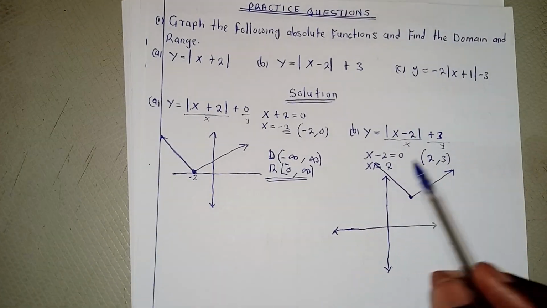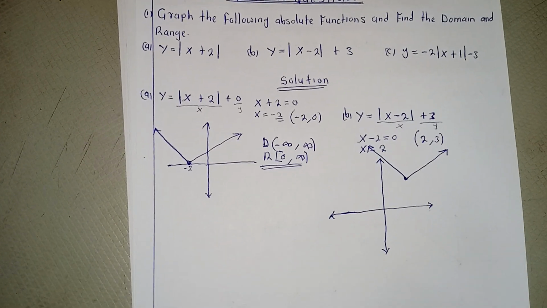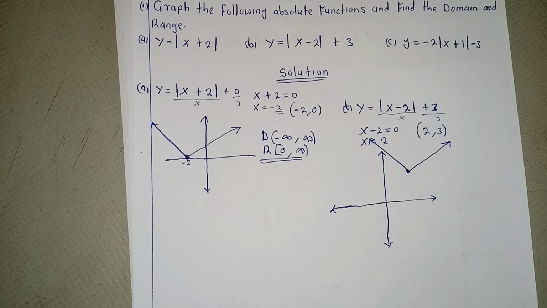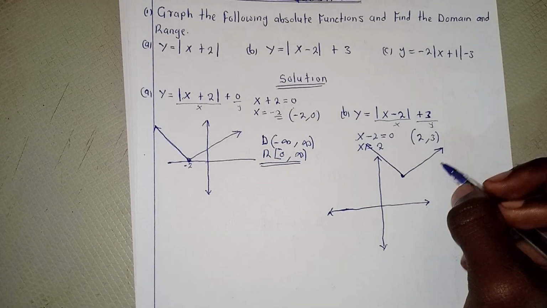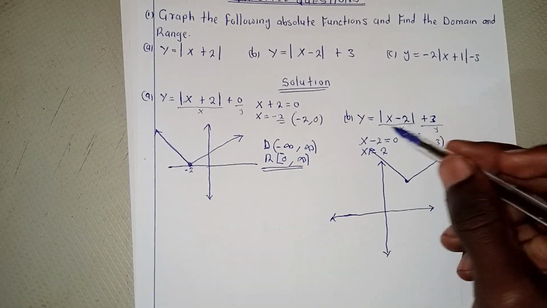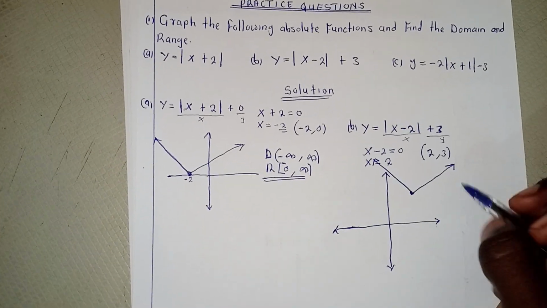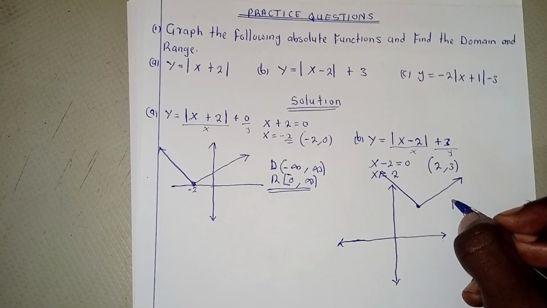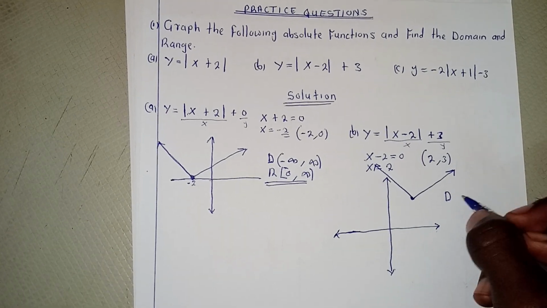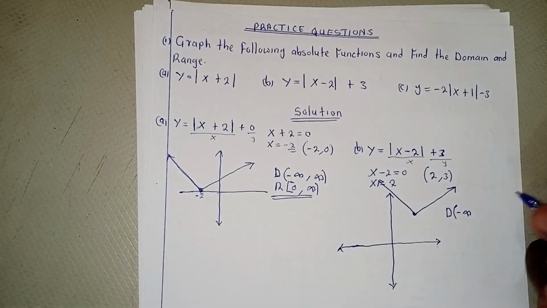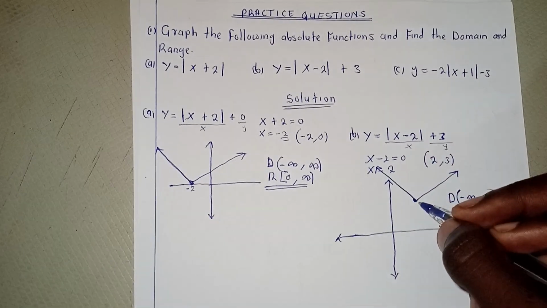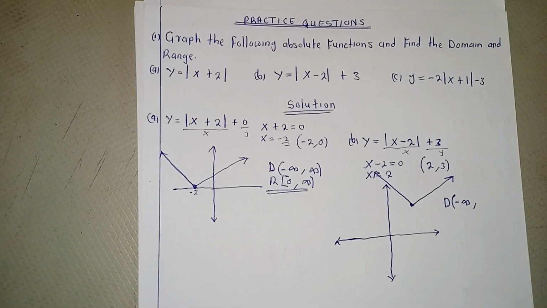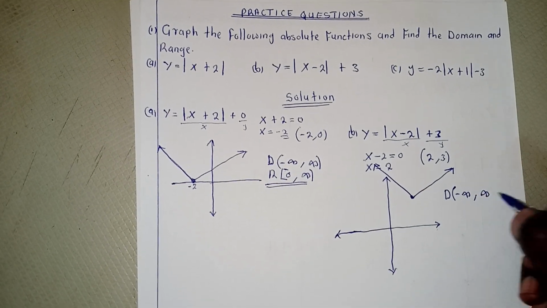Don't worry about what I've just done here. Sure you're able to see. So now, after doing this, we have just plotted this function here. Now let's find the domain. The domain for this function is simply coming from negative infinity. Remember, it's going like this, then it goes to these areas. So it's also going to positive infinity.